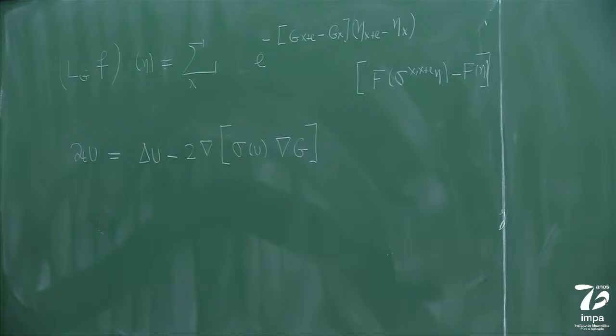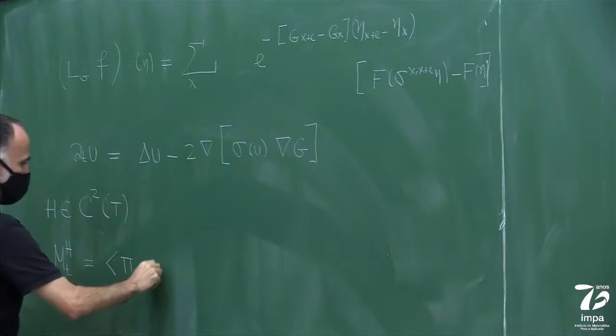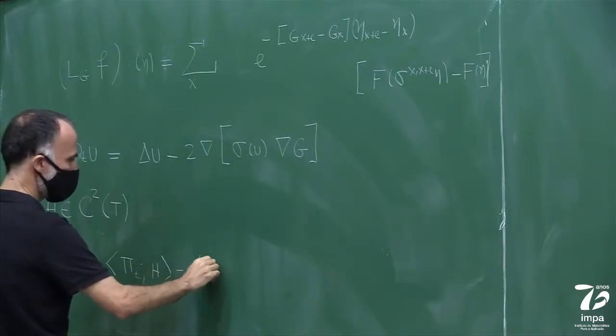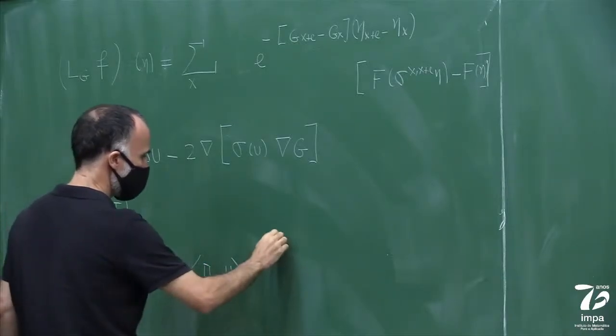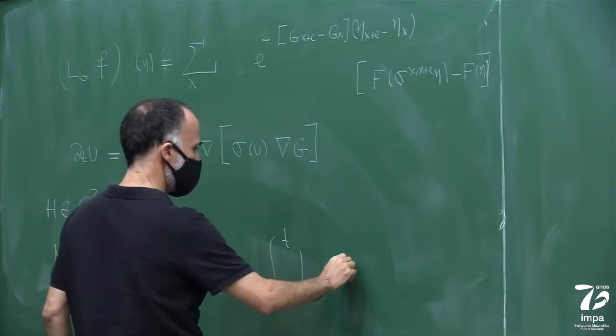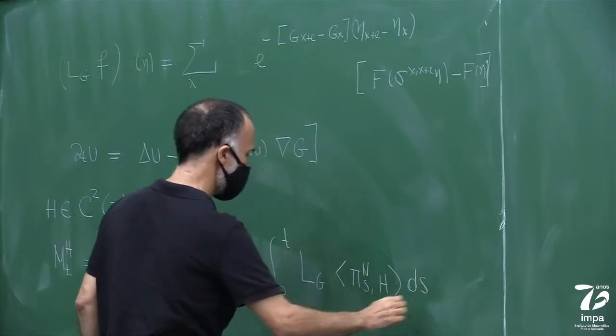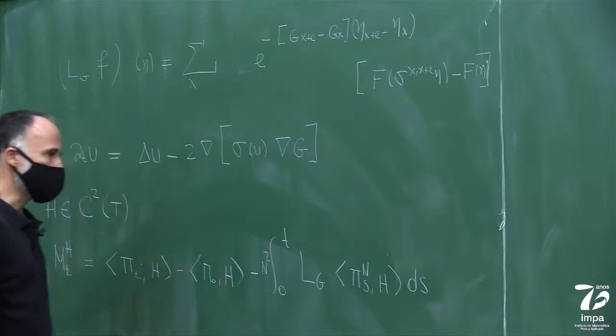And the way in which we show, we just write down a martingale. So you fix a test function h, say that belongs to C2. You define a martingale Mh of t, which is pi t h minus pi 0 h minus the integral from 0 to t, and then now you apply this generator to pi s h ds, and this is sped up by n squared.